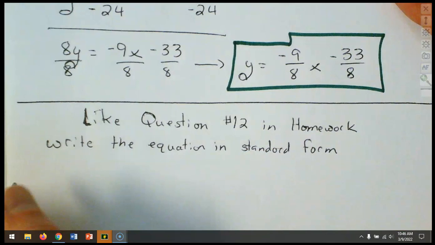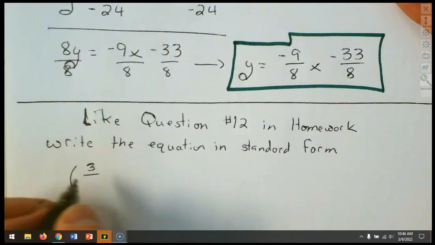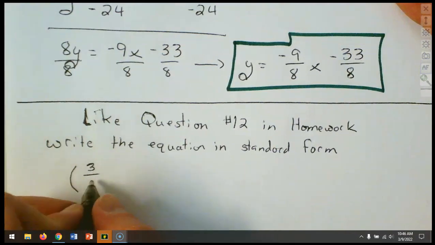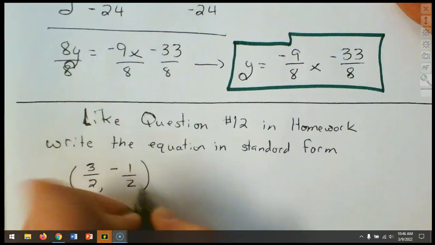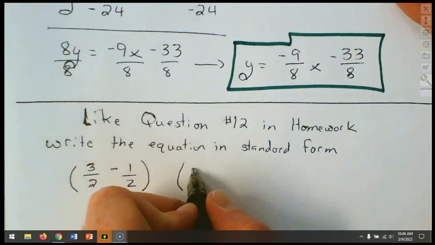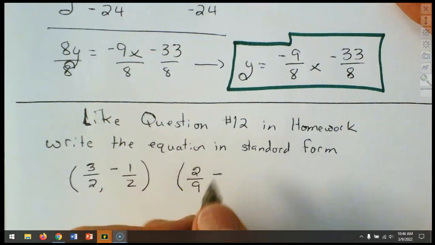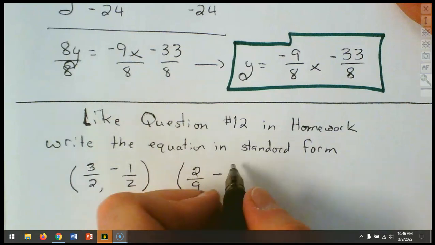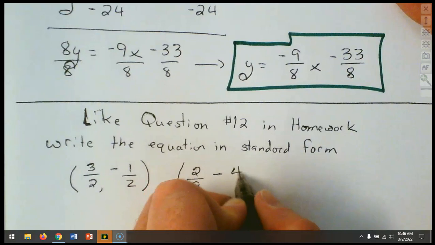And you're going to be given ordered pairs that contain fractions. And let's say 2/9, comma, minus 4/9.